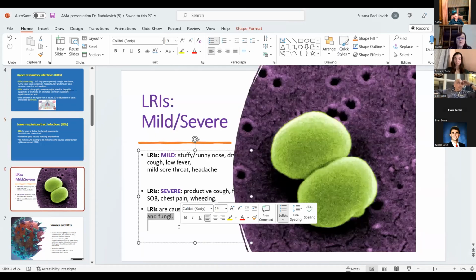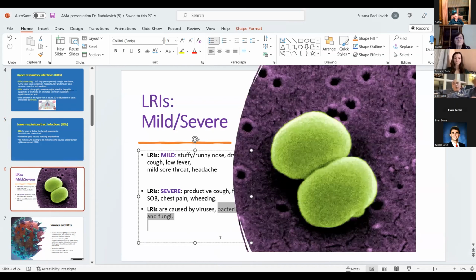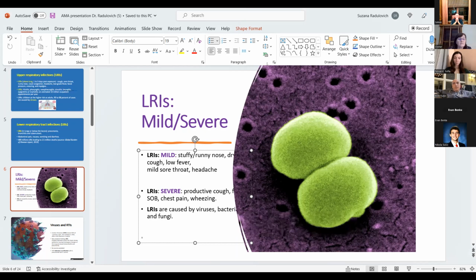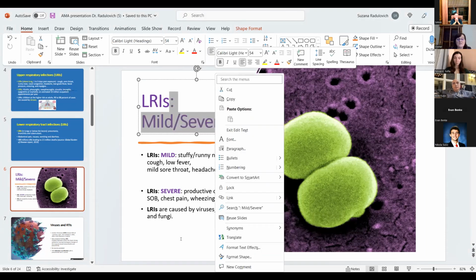Clinically, we divide lower respiratory tract infection into mild or severe. Mild presents with stuffy runny nose, dry cough, low fever, mild sore throat, and headache. Severe is when you have productive cough, sputum, shortness of breath, chest pain, and wheezing. Of course, lower respiratory tract infections are caused by viruses, bacteria, and fungi.